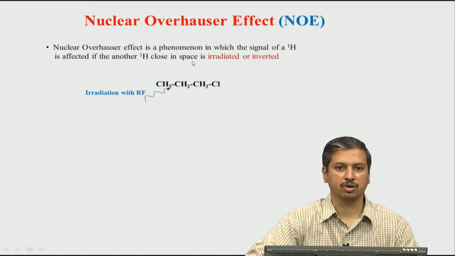Now, it is not just the presence of two hydrogens nearby that results in NOE. You first have to irradiate one hydrogen, and the irradiation disturbs the population level in that hydrogen.